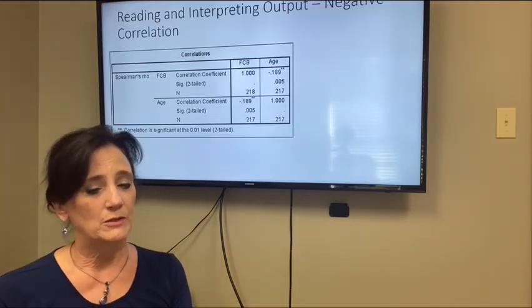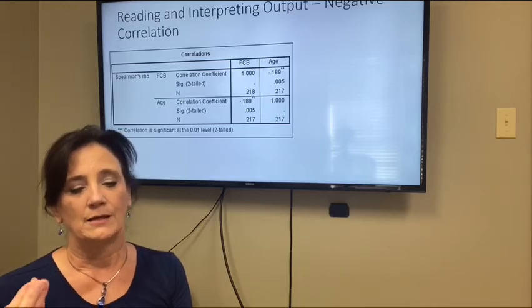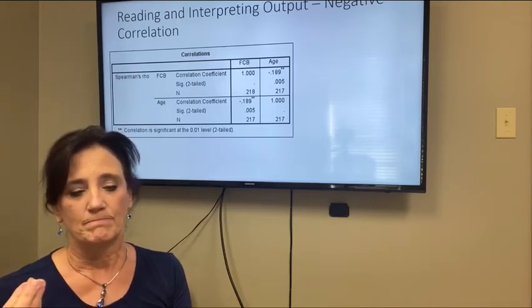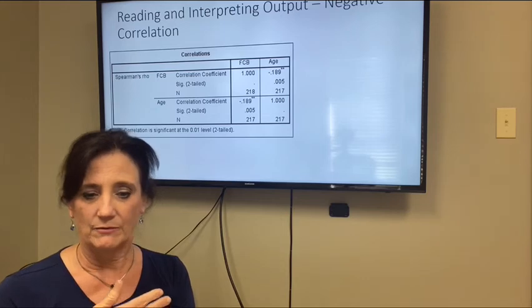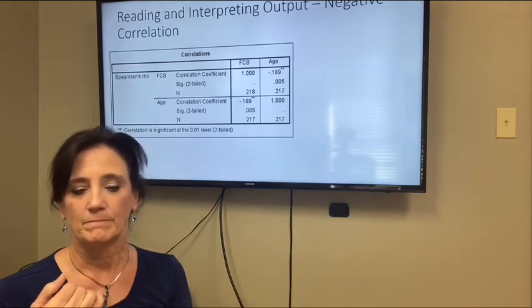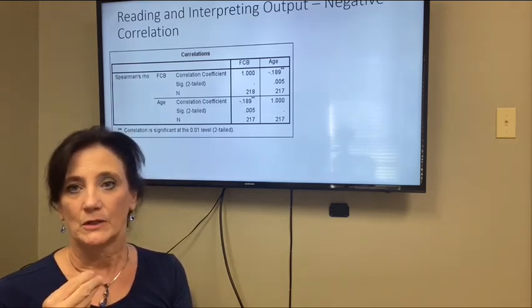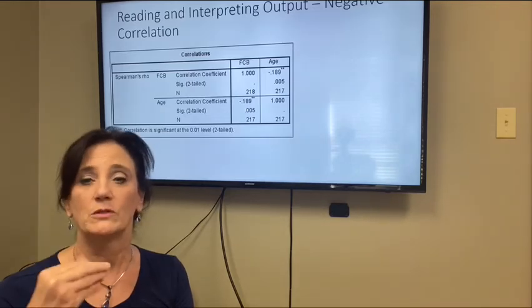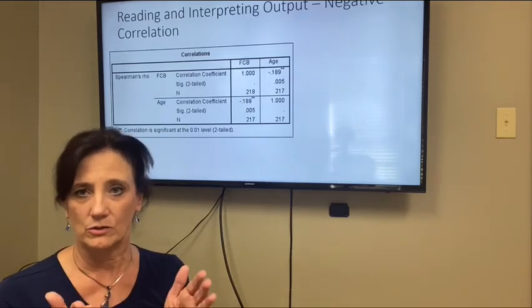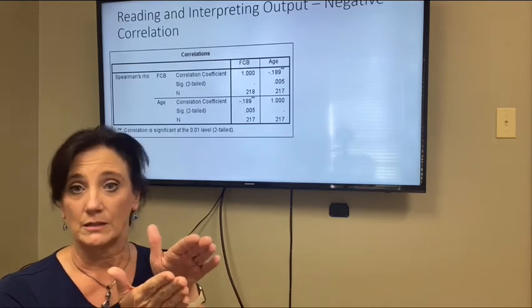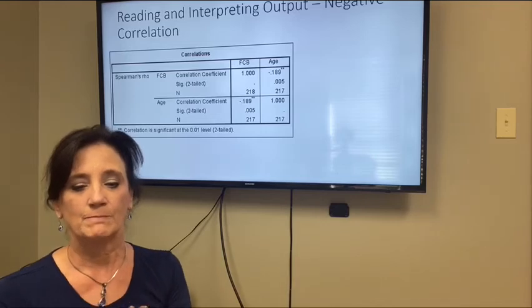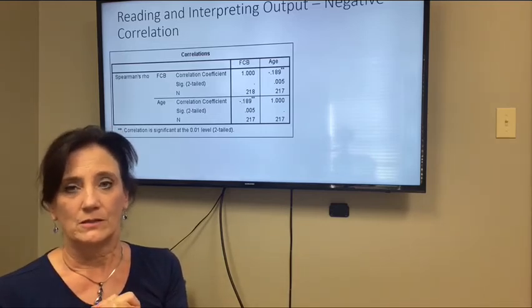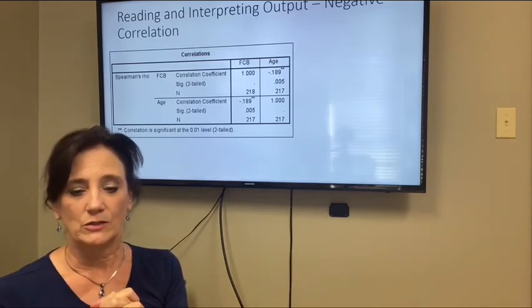Since you're using Spearman's rho, this tells you that one of these variables has to be ordinal. We know that food consumption behavior is a construct that has some items, so it's going to be continuous. So that tells you that age was collected in ordinal response categories. Is there a relationship between these two?